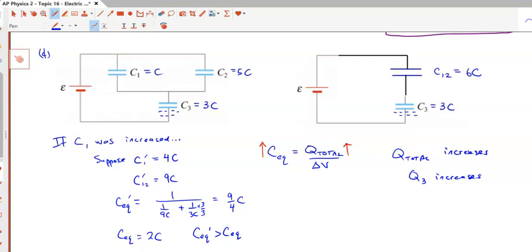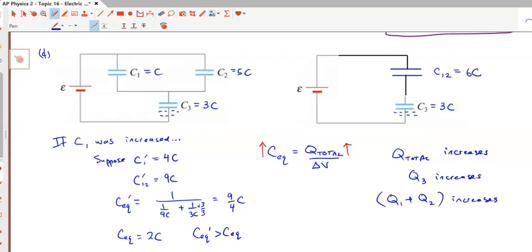So that means then Q1 and Q2 together will increase. All right? So 1 and 2 increase. But does 1 increase? Does 2 increase? Do both increase? Does one go up, one go down? That's a little bit trickier to explain.